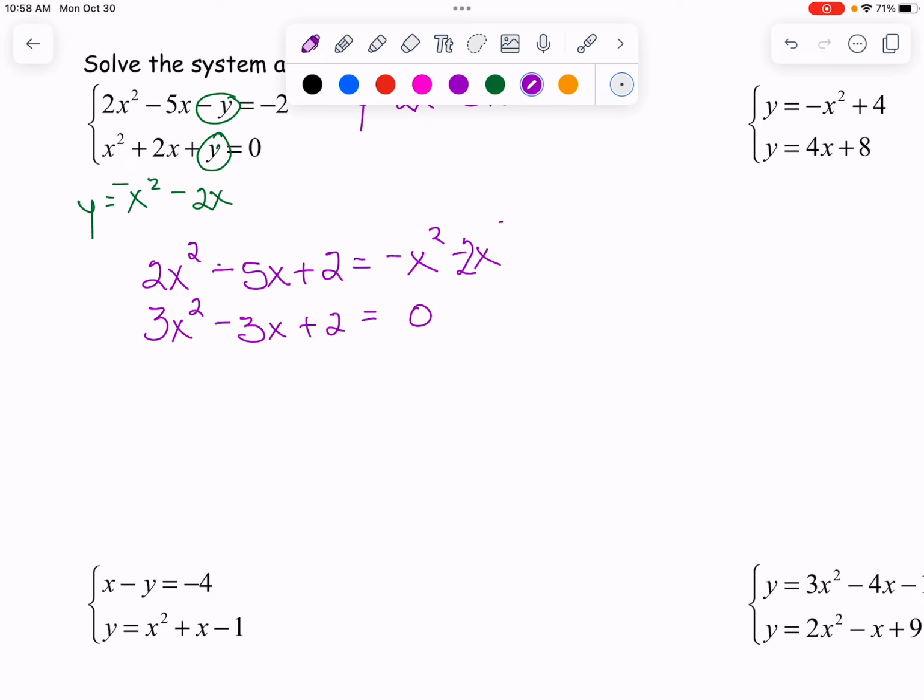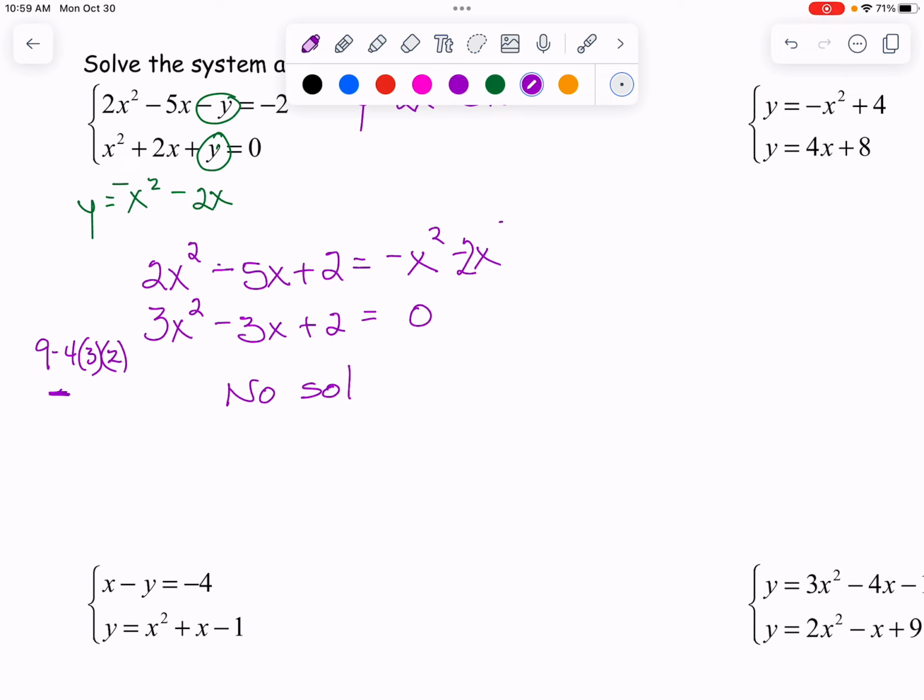I'm going to check my discriminant, because if the discriminant is negative, that gives me an imaginary number. So that would be b squared minus 4ac, and that is going to give me a negative number. So this is going to be no solution. You can't have a negative under the radical. That would give us a root, but it would be an imaginary root.